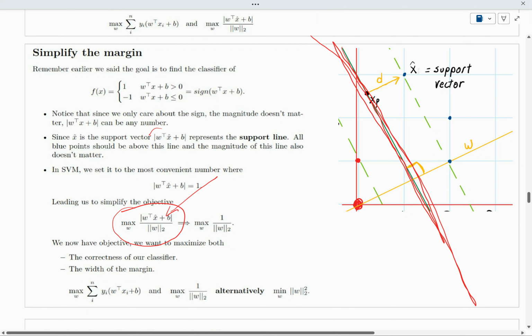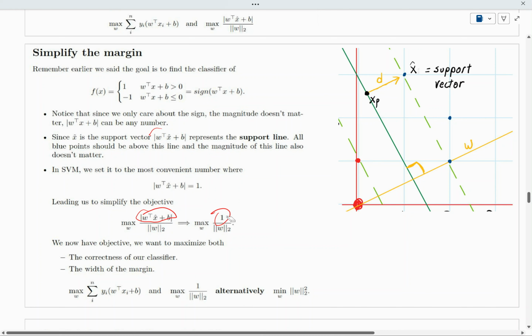So you can pick any number for the magnitude and you'll still have the same line. And therefore, we simplify this simply by picking the magnitude as 1. So maximizing this is equivalent to finding the W that maximizes this. So these two are equivalent.